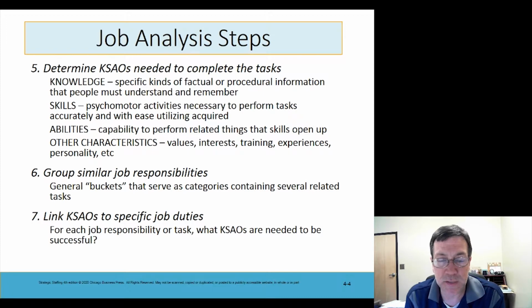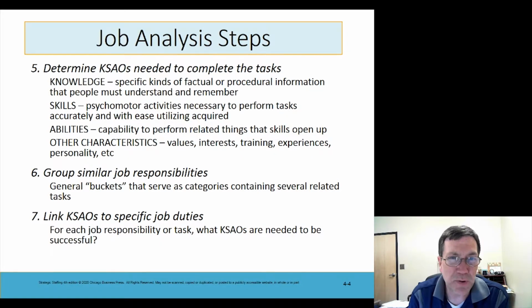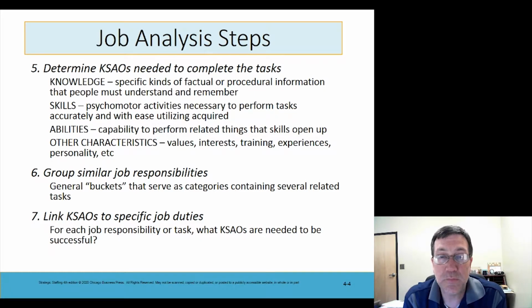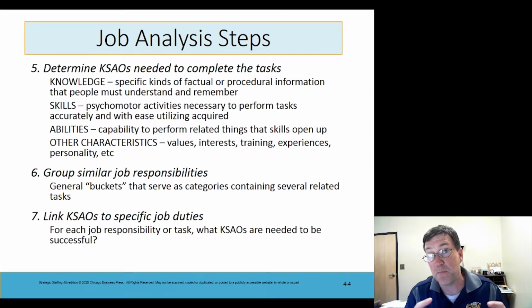As we think about the job of a pet groomer, here's a whole bunch of things that they do, but basically they fall into the bucket of taking care of an animal, keeping the environment clean, or communicating with others to properly understand expectations. Those are buckets. So as we look at the task statements and the essential functions, figure out what bigger buckets they go into. Those are the groupings of the job responsibilities.